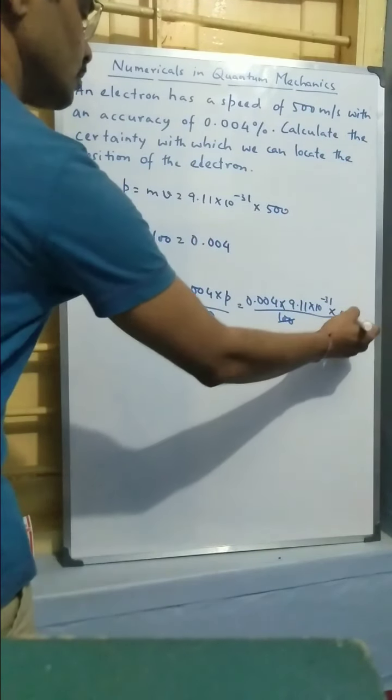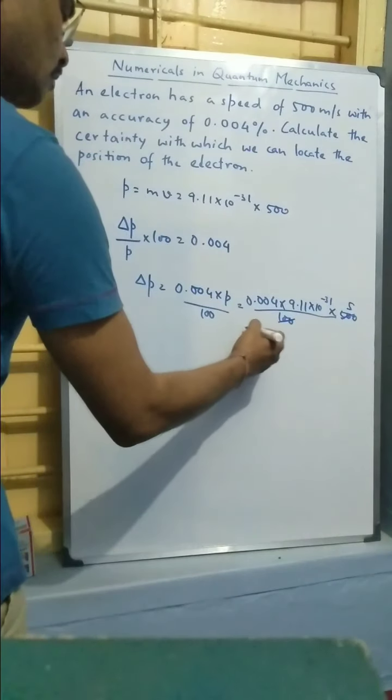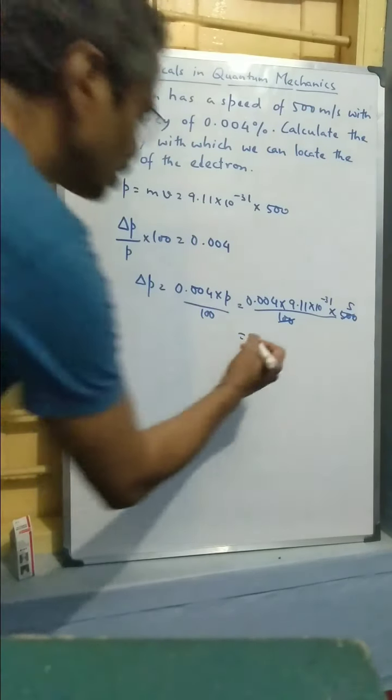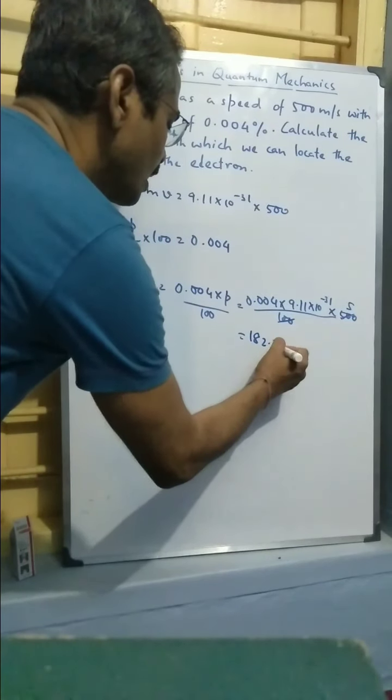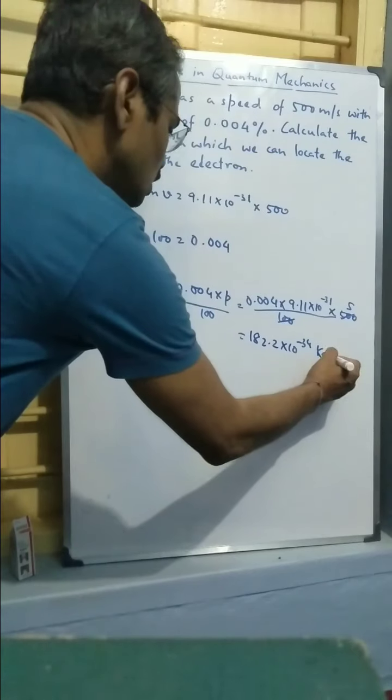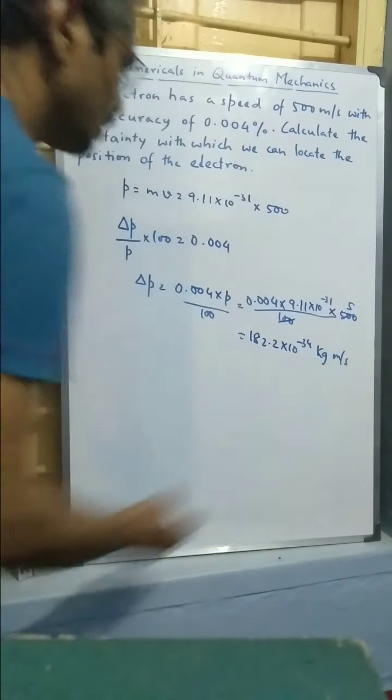That gives a value of the order of 182.2 times 10 to the minus 34 kg meter per second.